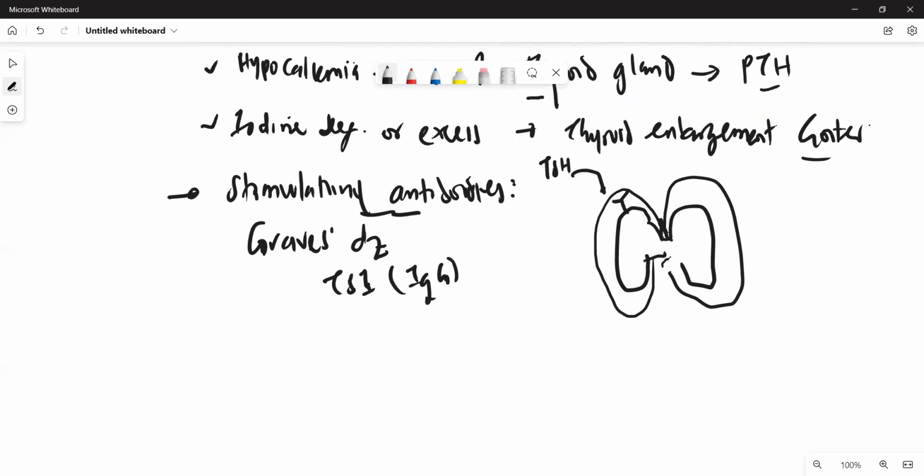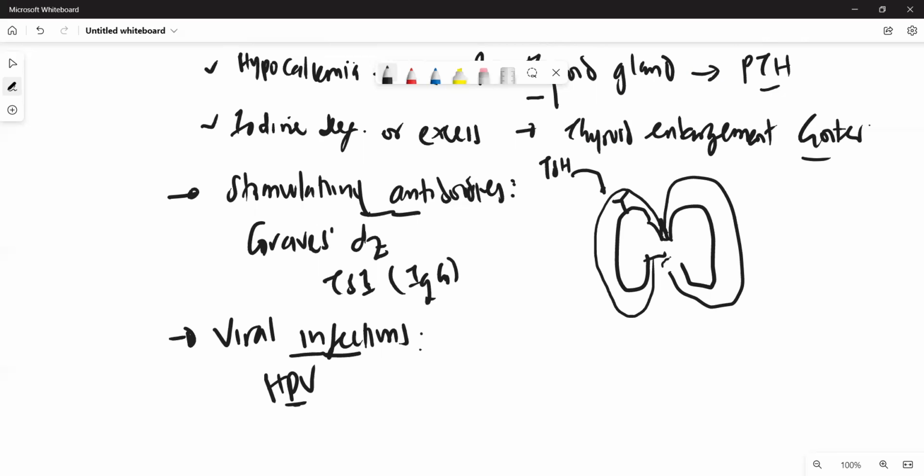And the last example I'm going to talk about is viral infections. A classic example of viral infection that could cause hyperplasia is HPV, human papilloma virus, right?